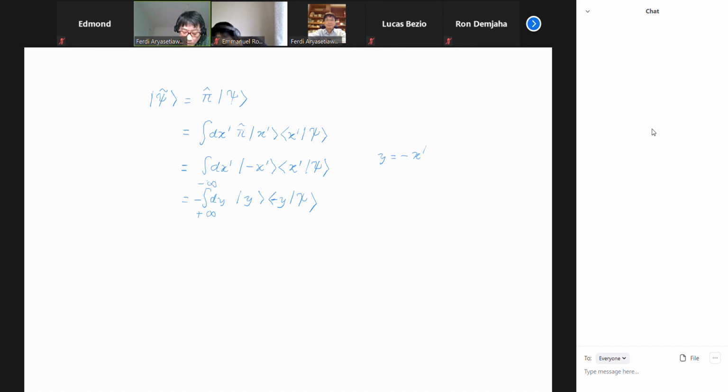So then it becomes dy. If I take the projection to position eigenvectors, that gives me the wave function. Then we see that this is equal to psi of minus x.